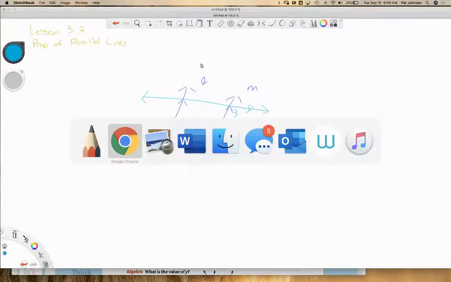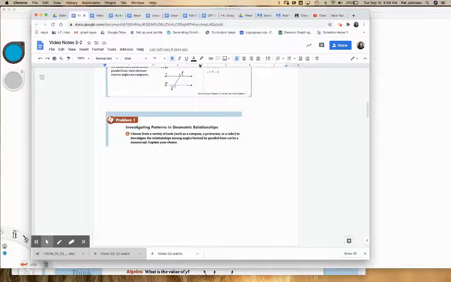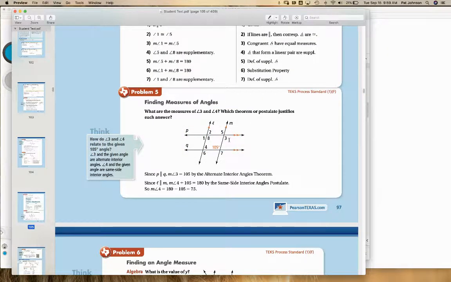And how can you find angle 3? Well, you can say alternate interior angles, right? Measure of angle 3. If you take lines P and Q and transversal M, isn't 3 alternate interior with this? So angle 3 is 105 degrees.